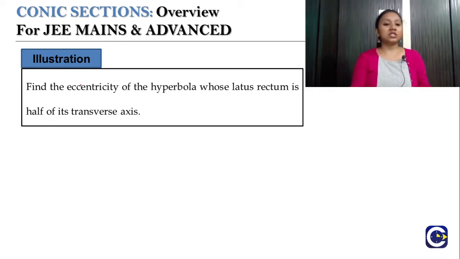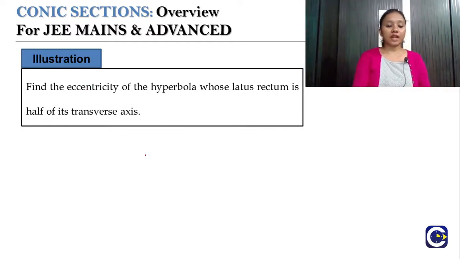Let's read this question. Find the eccentricity of the hyperbola whose latus rectum is half of its transverse axis. If they haven't mentioned a conjugate, we'll go with our regular hyperbola and its formulas.